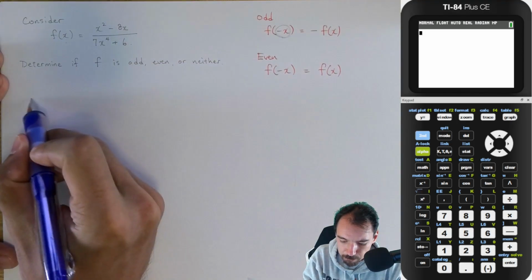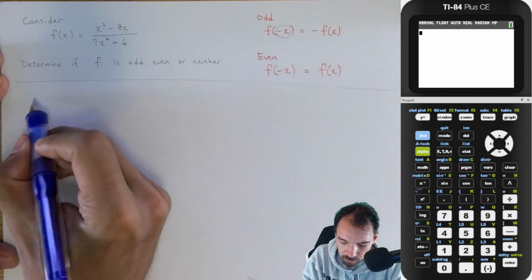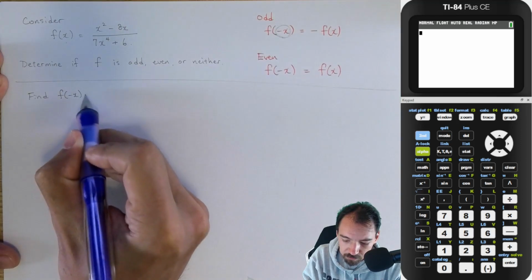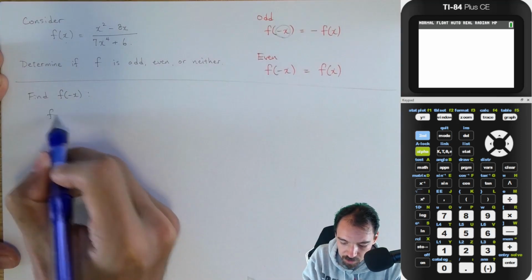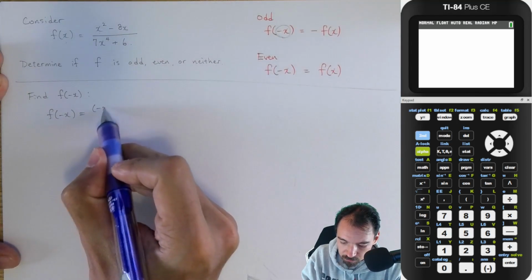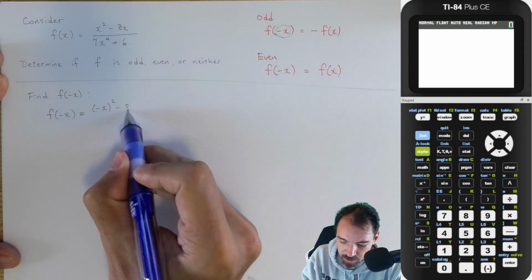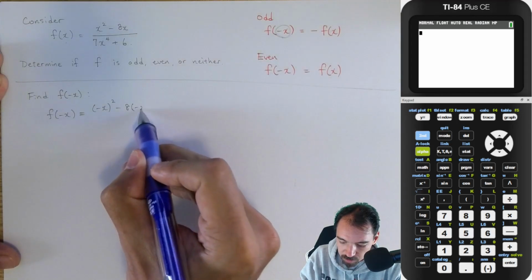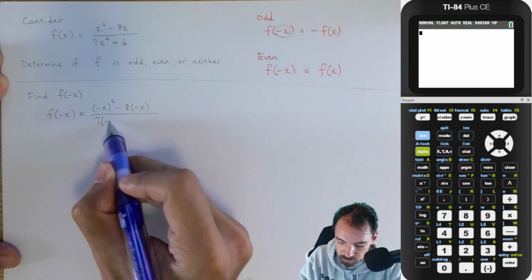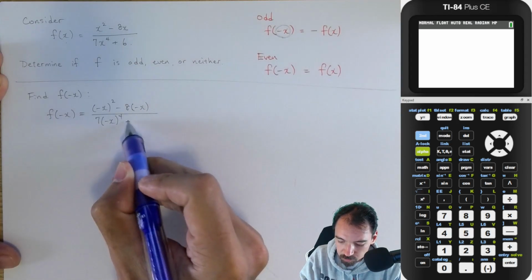So we'll find f of negative x. F of negative x is going to be plugging in negative x squared minus 8, plugging in negative x all over 7, plugging in negative x to the fourth plus 6.